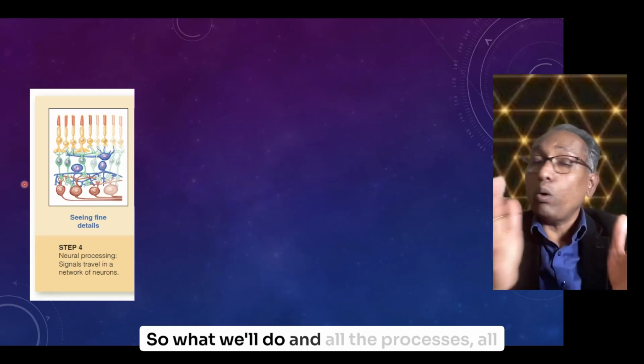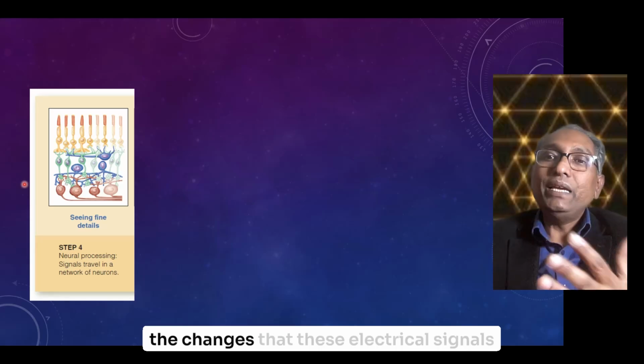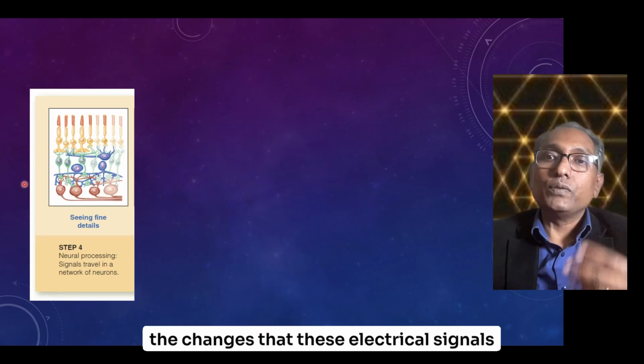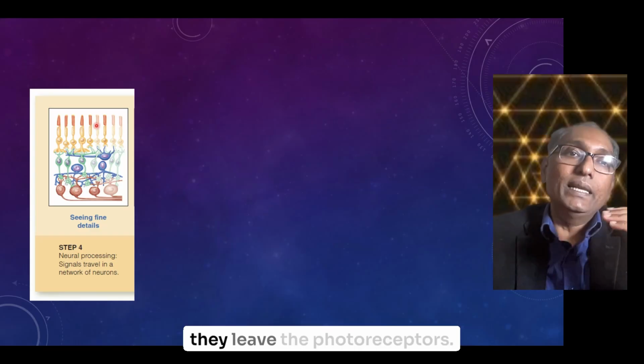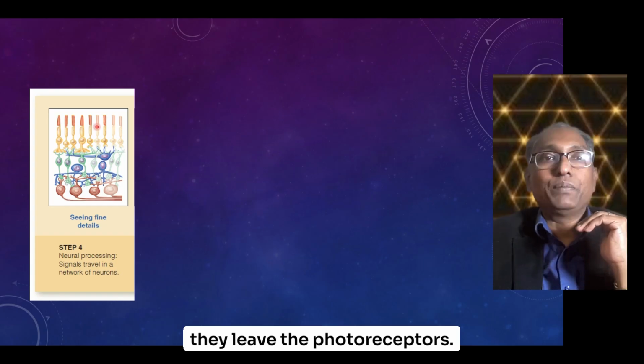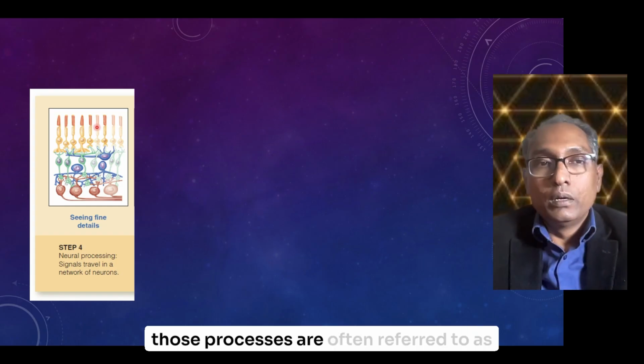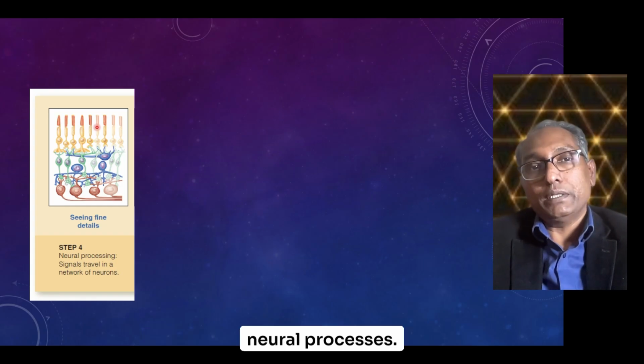So all the changes that these electrical signals go through once they leave the photoreceptors, those processes are often referred to as neural processes.